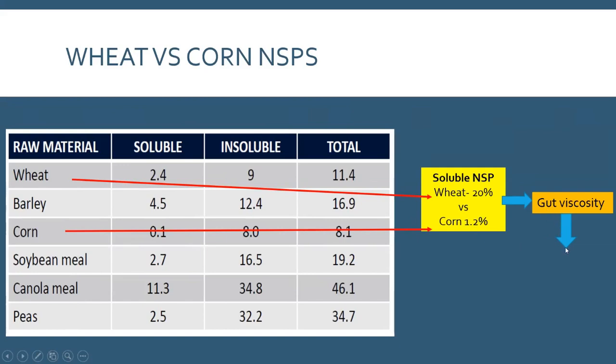The effect on gut viscosity is usually seen as a consequence of enteritis. The consequence of gut viscosity is more on enteritis, particularly bacterial enteritis, and that really affects gut health.